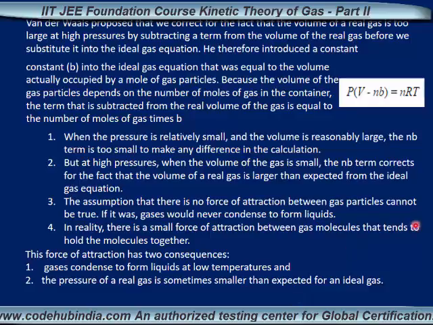That is, the volume becomes V minus nb, with b a constant. Because the volume of the gas particles depends upon the number of moles, it is multiplied by n.